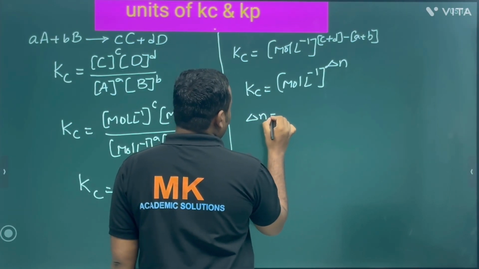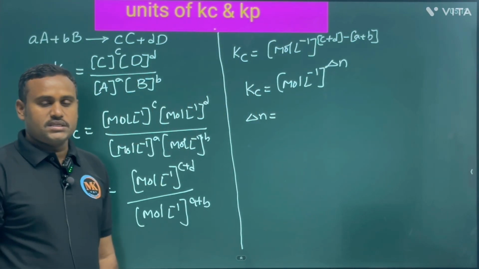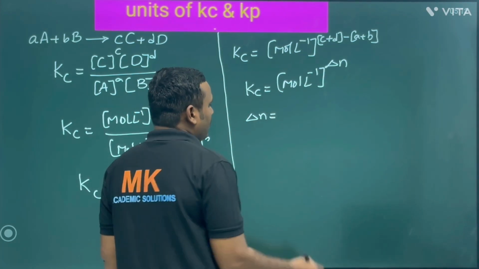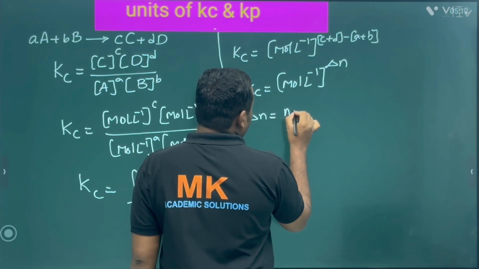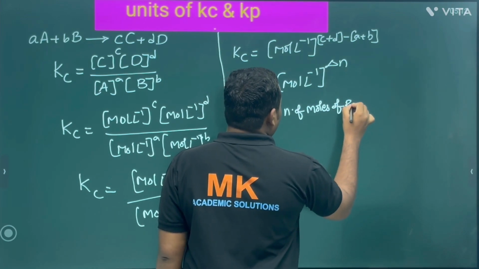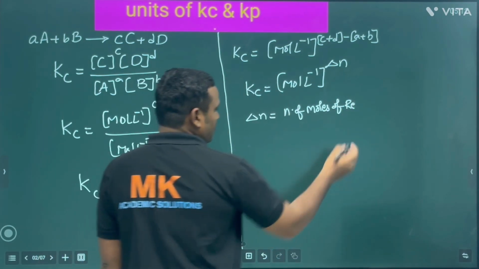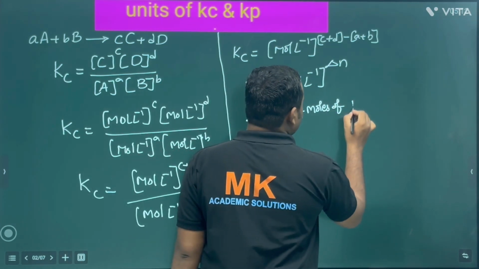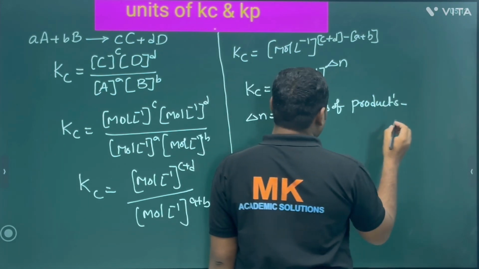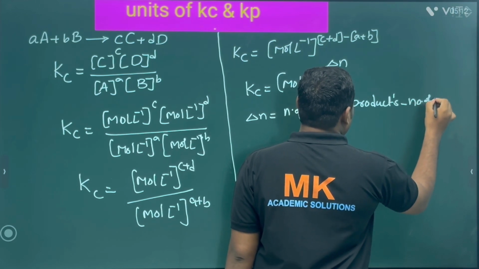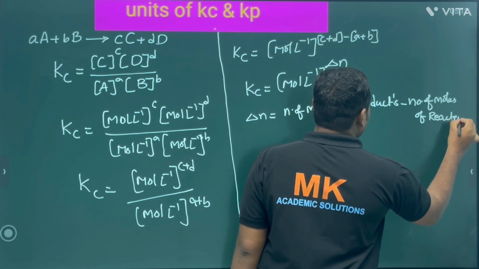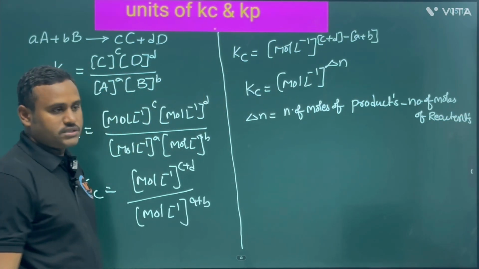Delta n is equal to, here, c plus d is the stoichiometric coefficients of products, and a plus b is the stoichiometric coefficients of reactants. So delta n I can write as the number of moles of products minus the number of moles of reactants. Okay. So this is the units of Kc.